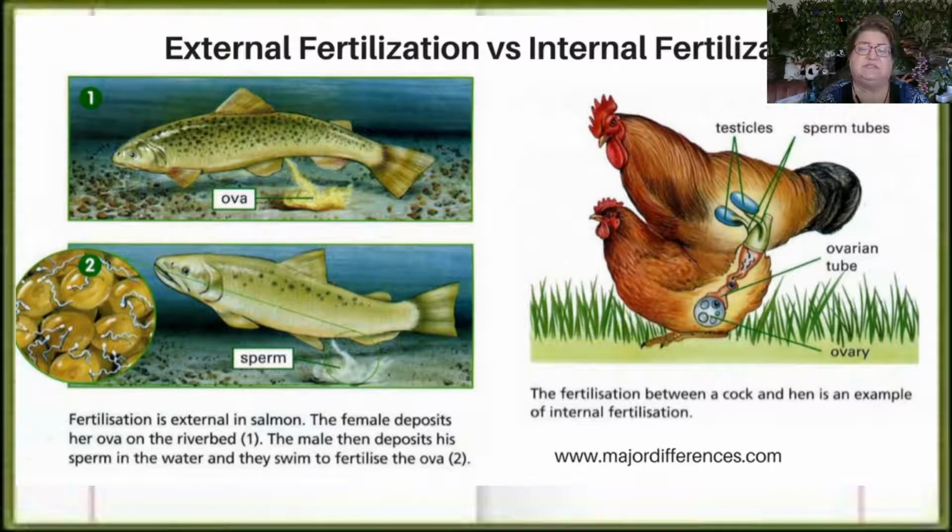The male and the female are physically connected together, either by pressing up their genitalia in the case of birds, or in the case of mammals, you would have a male reproductive structure, usually the penis, which enters the female body and deposits the sperm there. So you're going to see that across the board with birds, mammals, and reptiles. You're going to see internal fertilization.